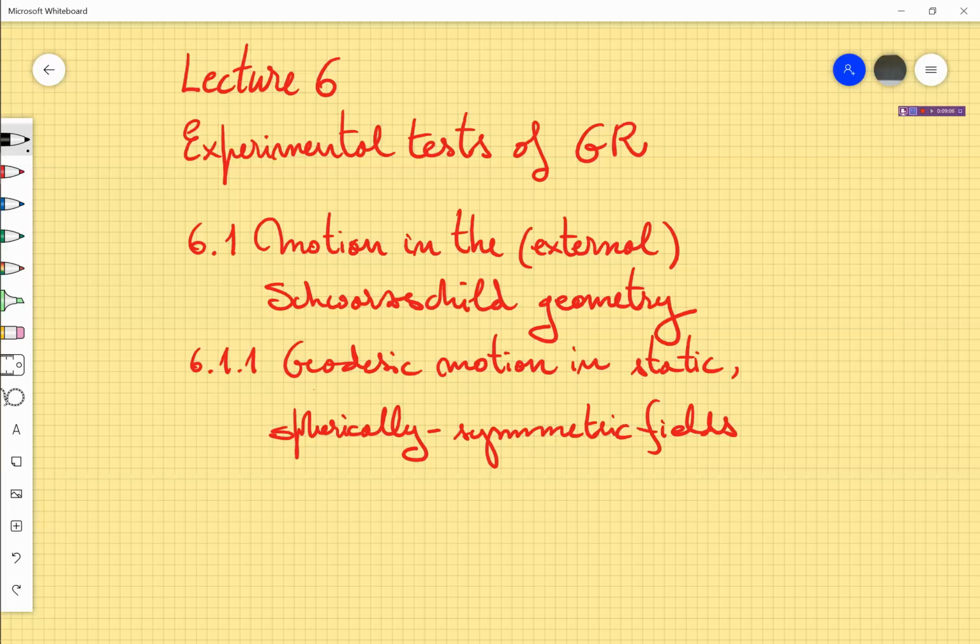There are a few pages in which there are calculations associated to this so-called Laplace-Runge-Lenz vector, because we are going to use this vector to characterize the precession of pericenters.